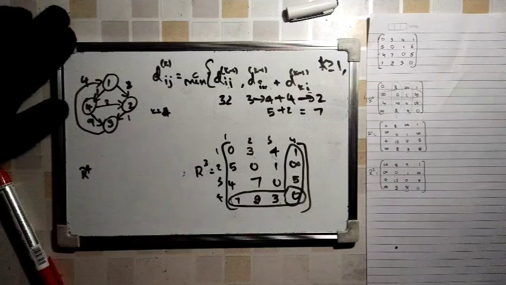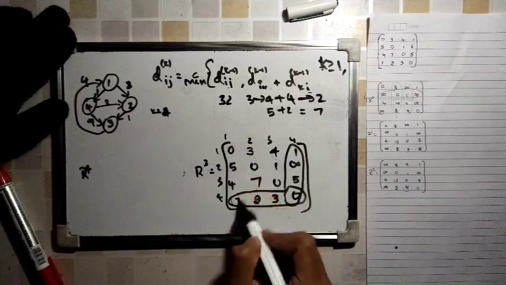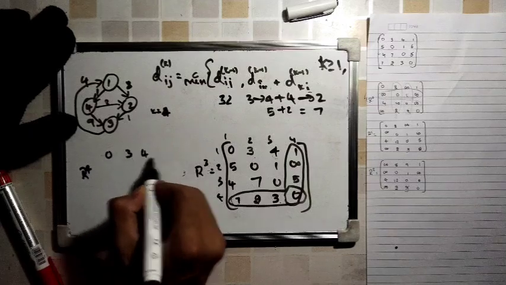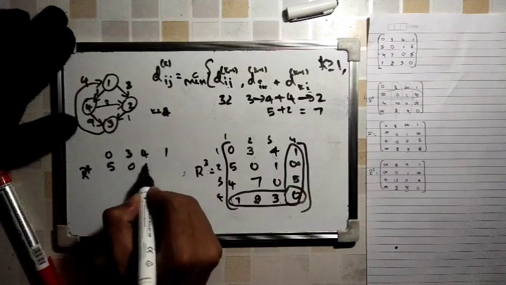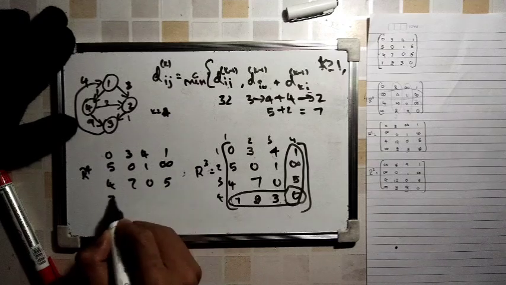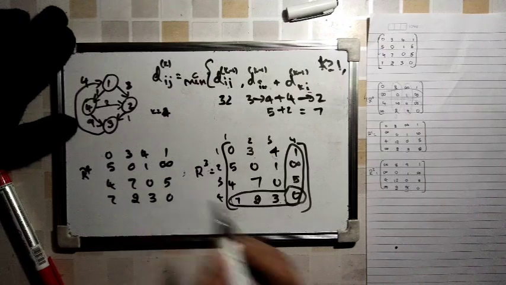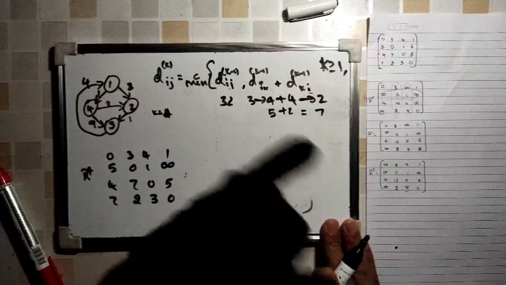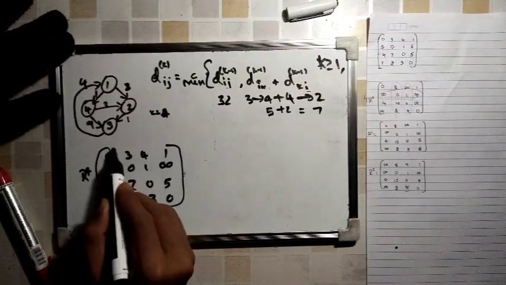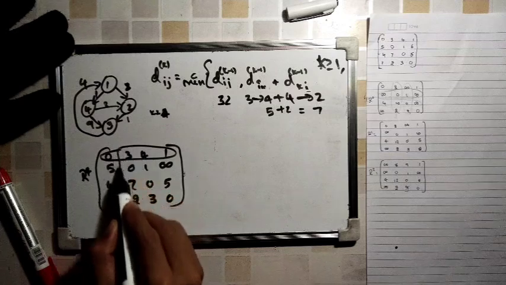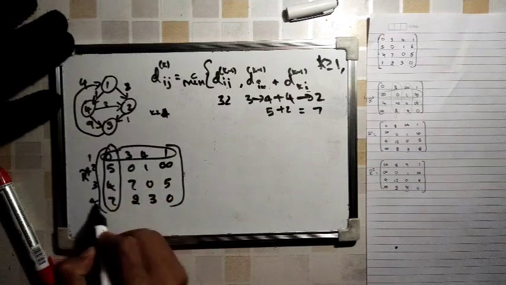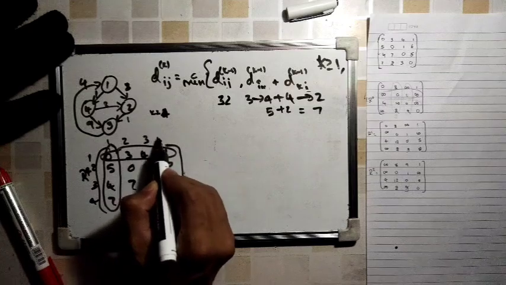So from R4, now what I'll do, I'll consider this first again. Why? Because I still have an infinity here. 0 3 4 1 5 0 1 infinity 4 7 0 5 7 2 3 0. Okay. So now see here, I'll consider this row again. Okay, 1 2 3 4 1 2 3 4.